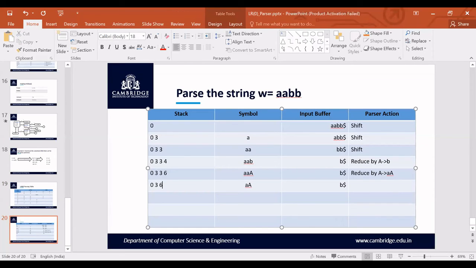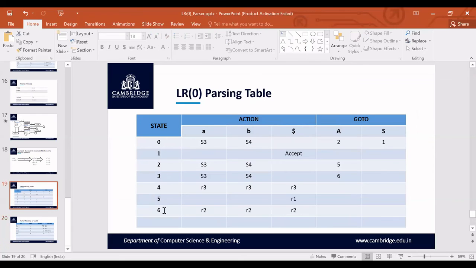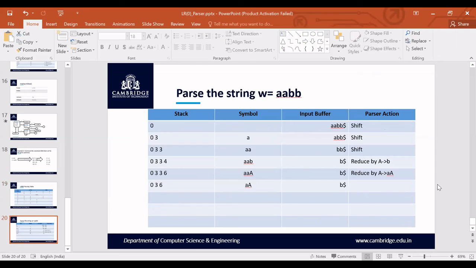Fine. Now take a transition of state 6 on the symbol in the input buffer. What's the symbol in the input buffer? B. So check the parsing table. 6 on B is R2. It is a reduction state.